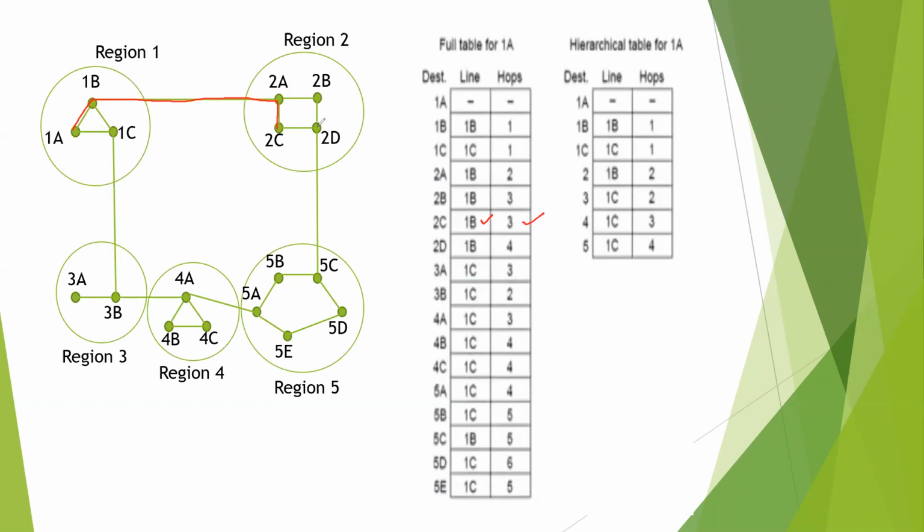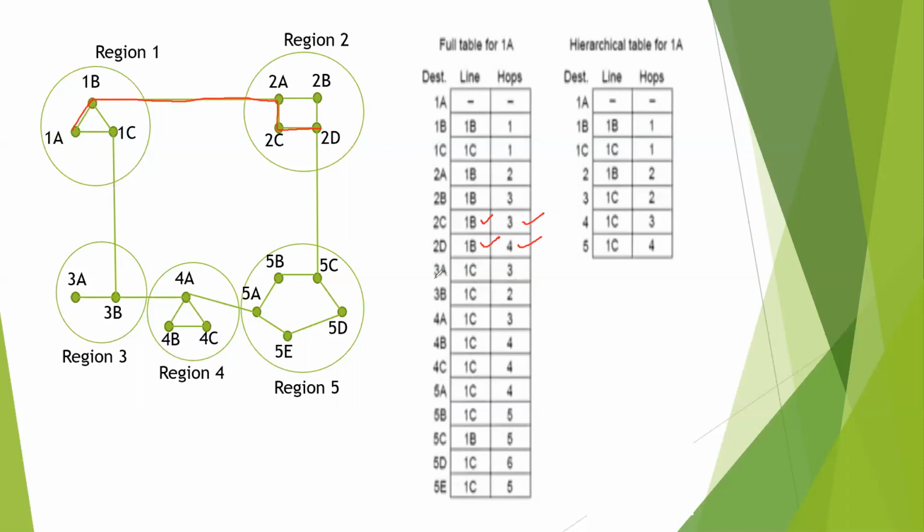This is one way. Or else 1A, 1B, 2A, 2C, then to 2D. In both cases, it will be taking 4 hops: 1, 2, 3, 4. But how do I have to go? I have to choose the 1B line itself.